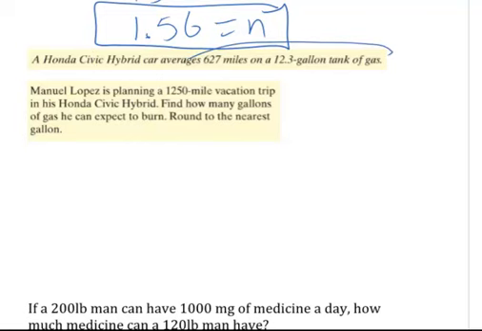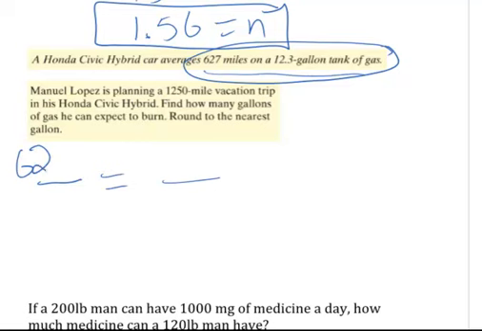This piece of information right here is going to help me set up my problem. Since we've been doing proportions, if you've noticed, we've had one fraction equal to another fraction. This piece of information is going to tell me how to write my first fraction. I'm going to say that we can go 627 miles on 12.3 gallons of gas.